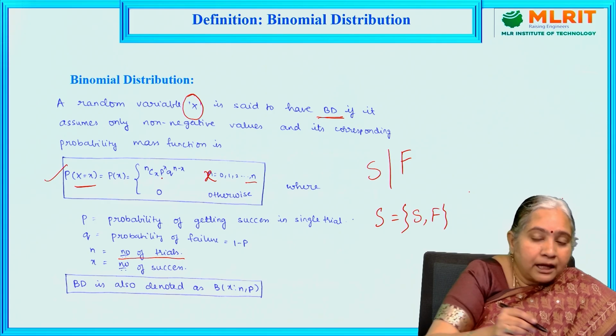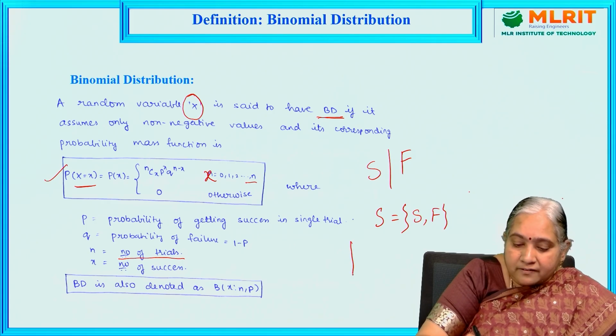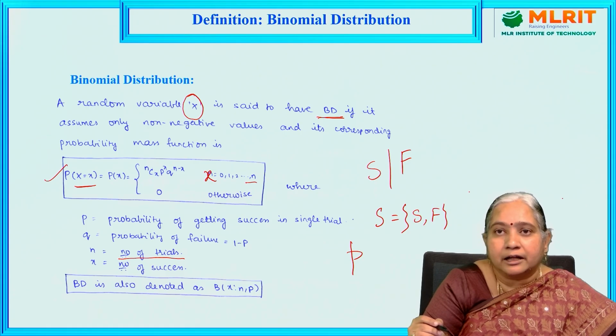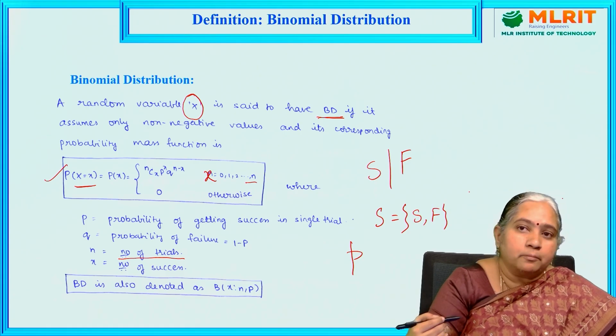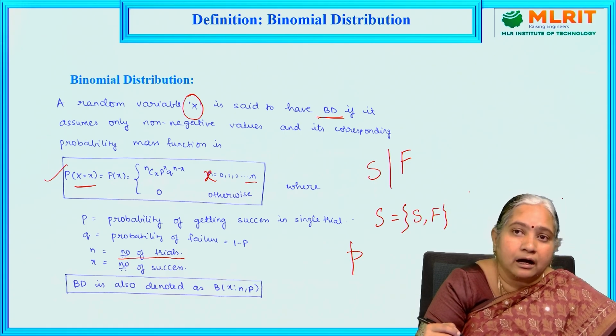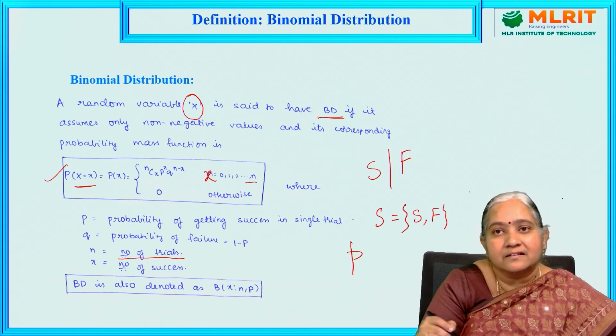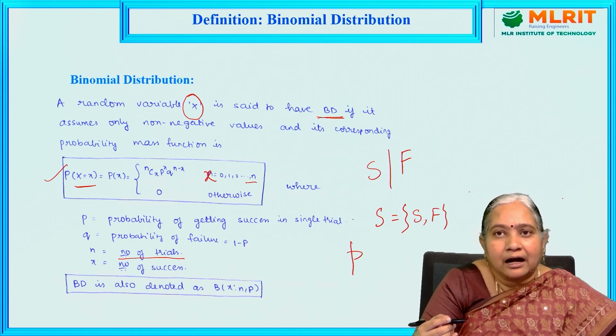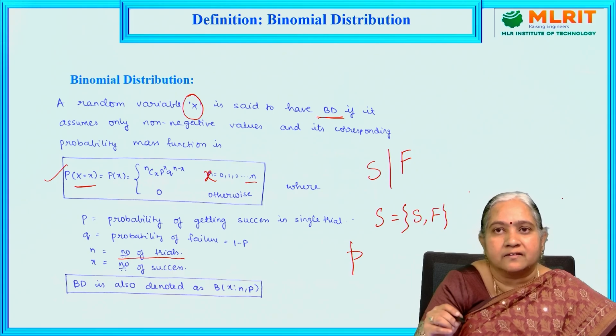And p is the probability of success. Probability of success is denoted by small letter p. What is the probability of success? That depends on the success event defined in that random experiment. Suppose a coin is tossed, and in that random experiment I define the success event as head occurring.